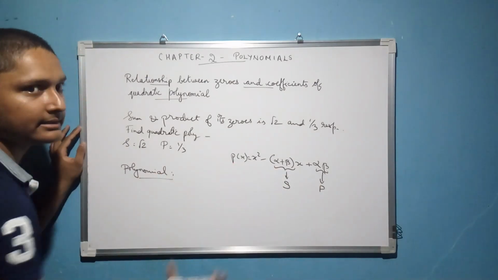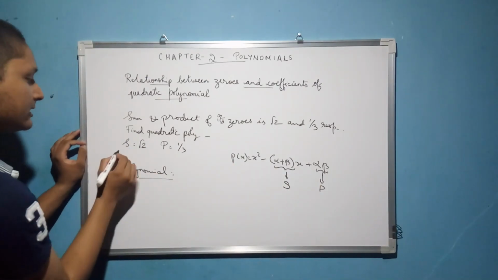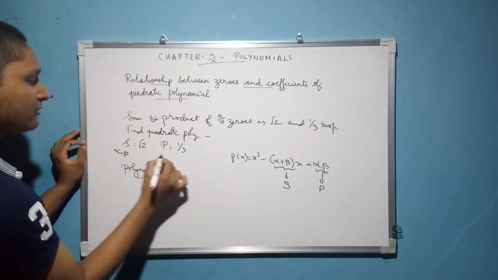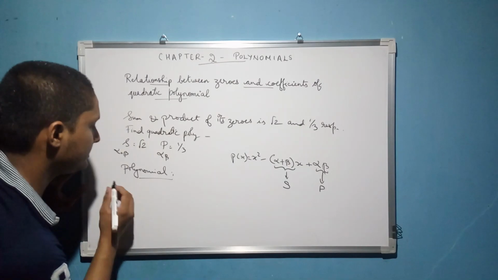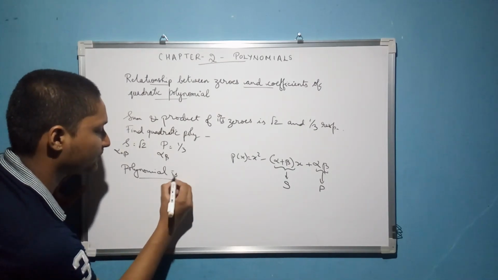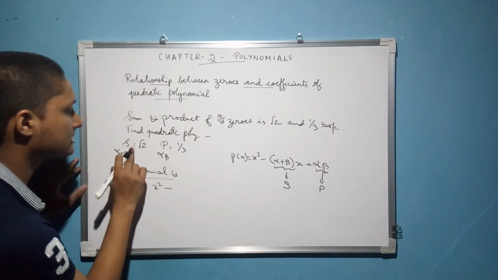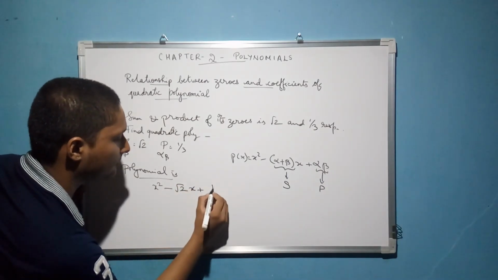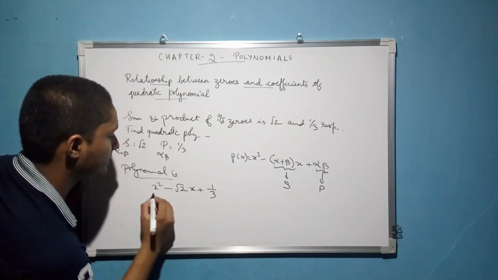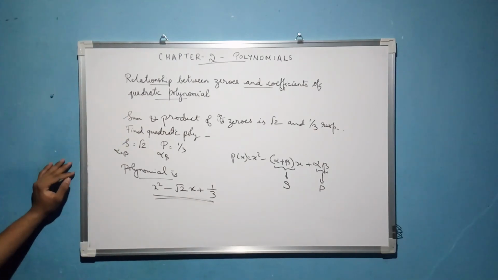Before writing, you need to write this general formula, where this is alpha plus beta and this is alpha beta. Then the polynomial is x square minus root 2 x plus 1 by 3. This is the required quadratic polynomial.